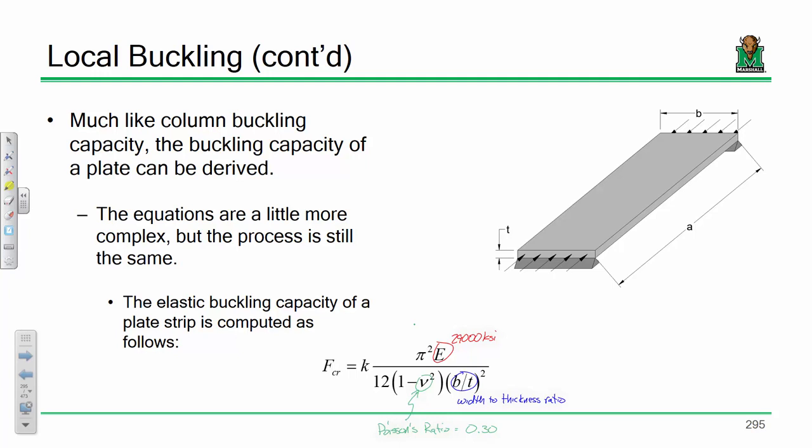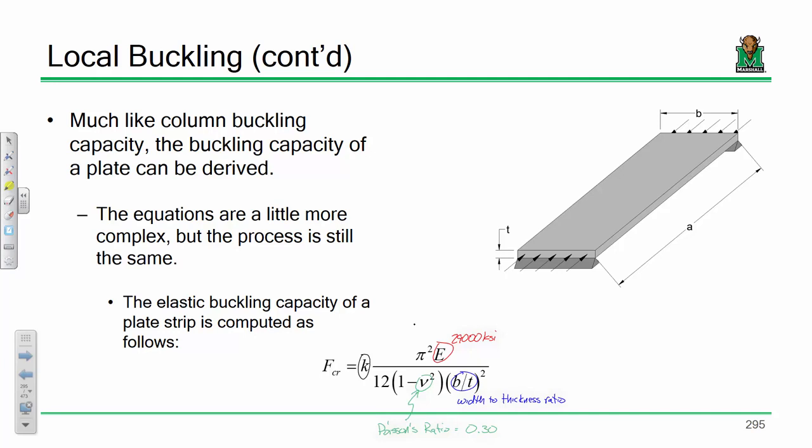The last parameter here is this term K. Now you can kind of think of K as like a critical, like an effective length factor. It's not quite the same, but it's kind of close. But let me talk about K. Okay.